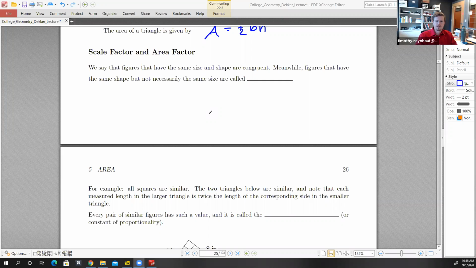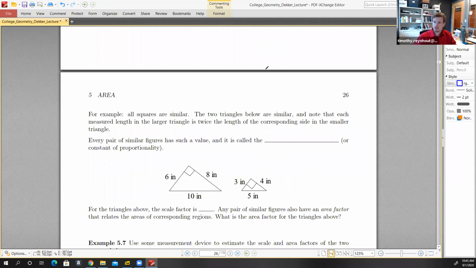But if two figures have the same shape but not the same size, they are called similar. So all squares are similar because I can just blow one up or shrink it to be another one. Triangles, it's a different story, right? I can change how a triangle is shaped.